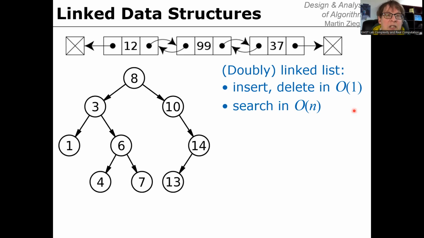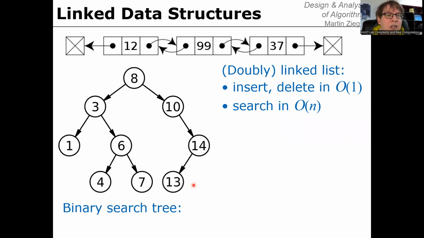So here you see an example of a binary tree. In a binary tree, every node has at most two children. So here this one has two children, this one has one child, and this one has zero children. This is called a leaf. And this is actually a binary search tree.